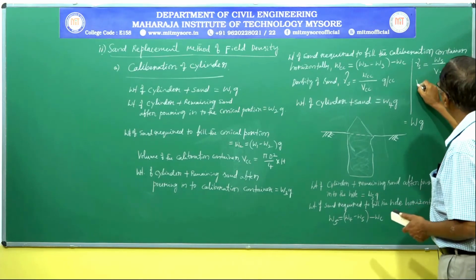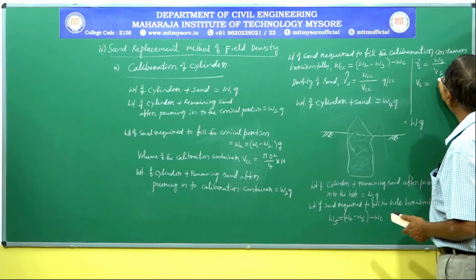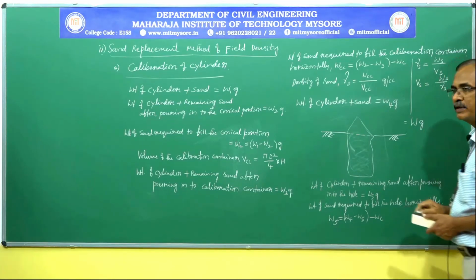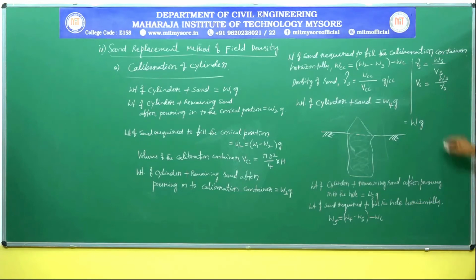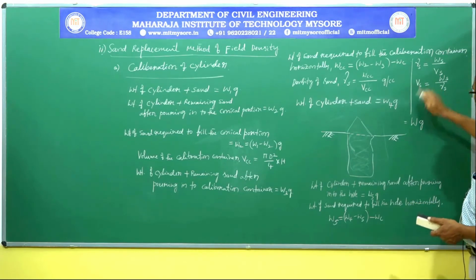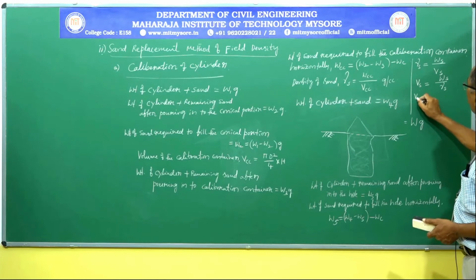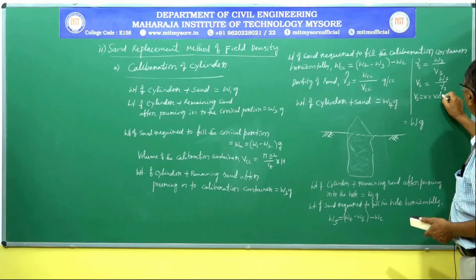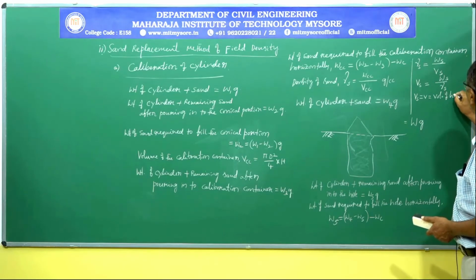Therefore, volume of sand is equal to weight of sand divided by gamma S, density of sand. So volume of sand is nothing but volume of hole. WS divided by gamma S is equal to V, that is the volume of hole.